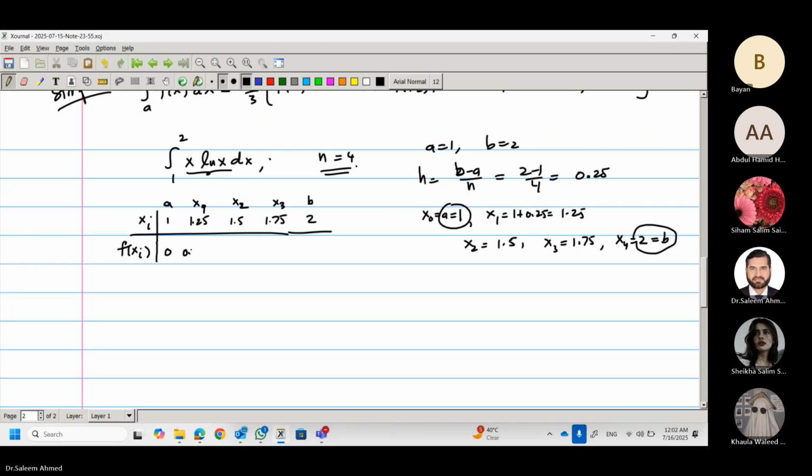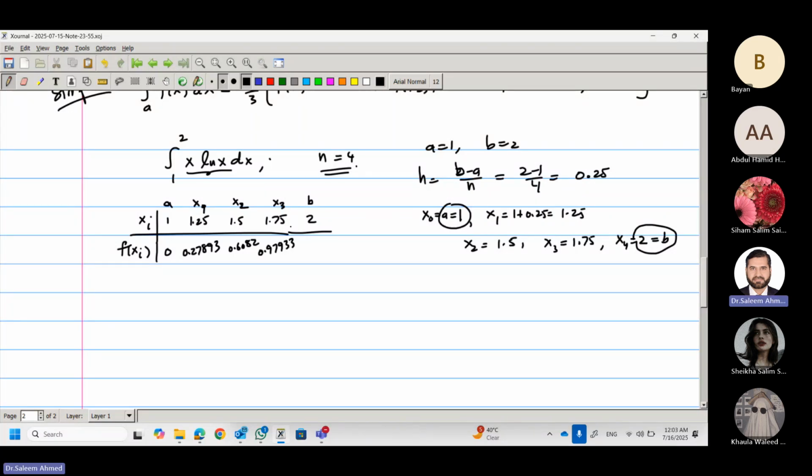So that is 0.27893, right? Then 1.5 into log of 1.5. So that is 0.6082. Then 1.75 log of 1.75, 0.97933, right?